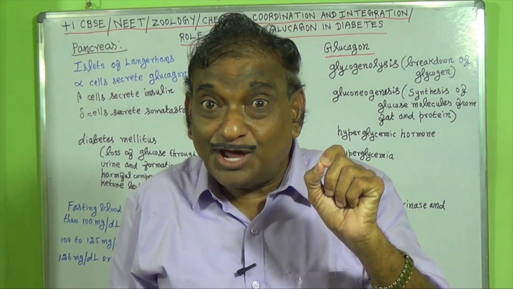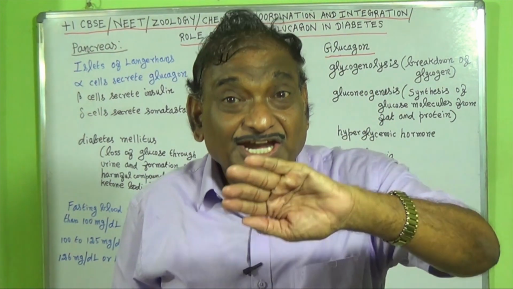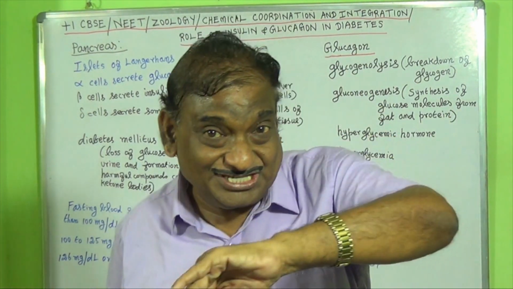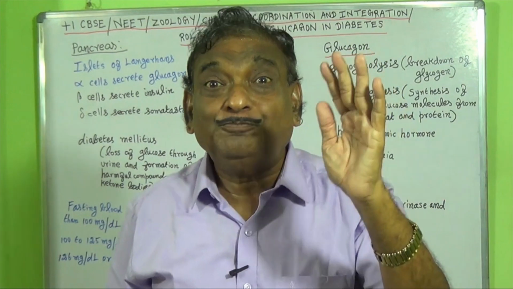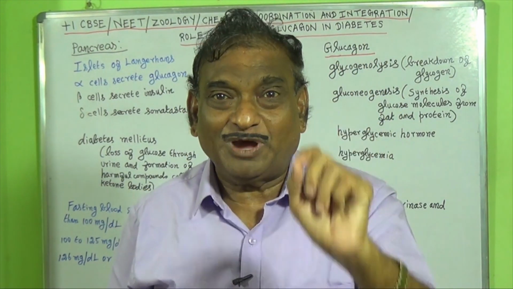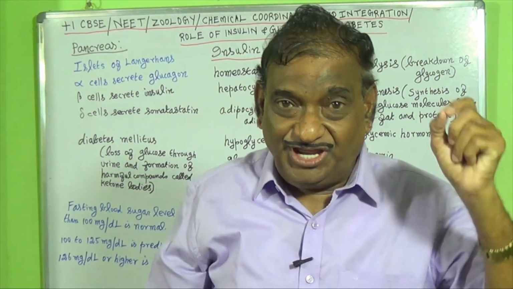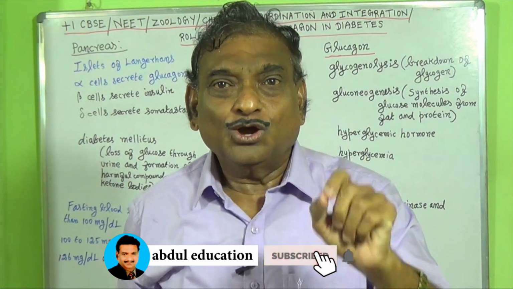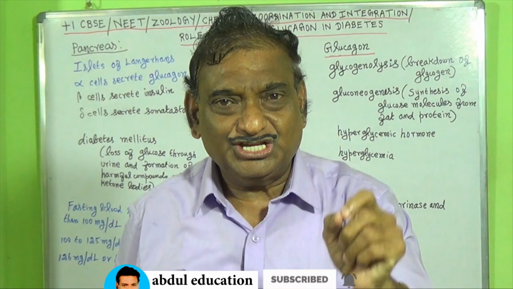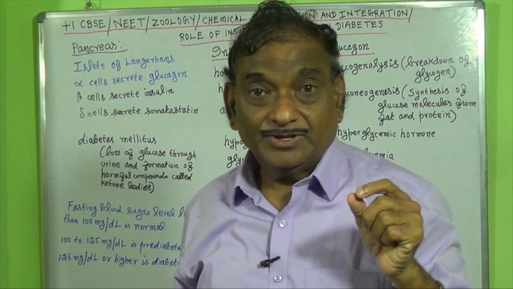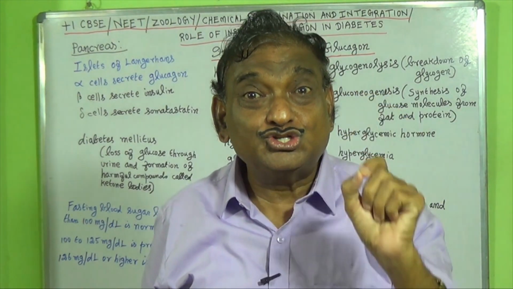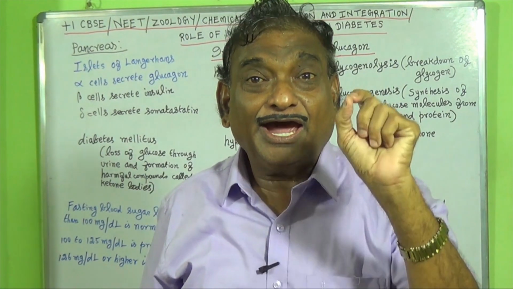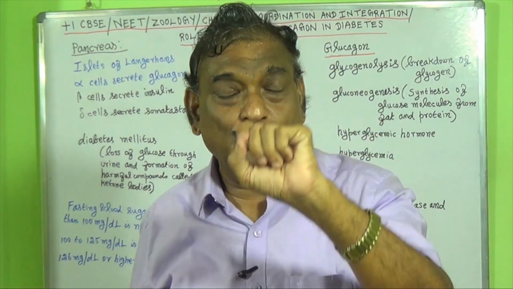The third function of the insulin is it enhances, that is, it increases the uptake of glucose by the cells. In these three ways, the insulin decreases the glucose level, that is blood sugar level, so the insulin is called hypoglycemic hormone.